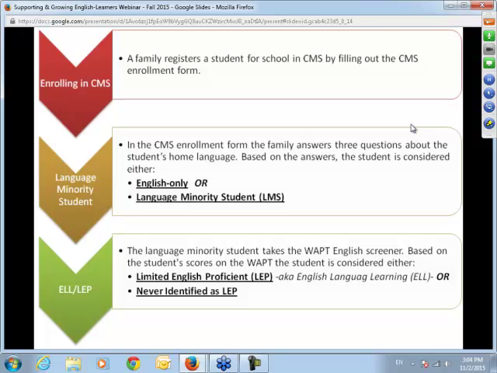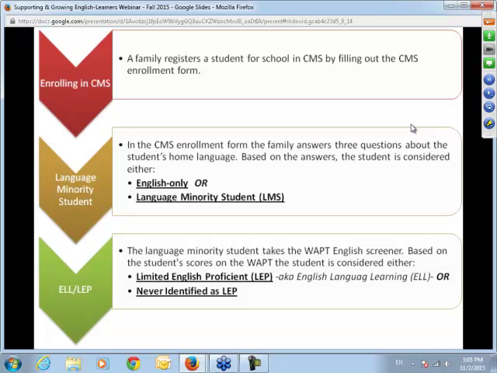After that, the language minority student, if that's the designation, then takes the WAPT English Screener. So this is a kind of a pre-test to see what their language level is in English. And based on the scores on the WAPT, the student is considered either Limited English Proficient or never identified as LEP.